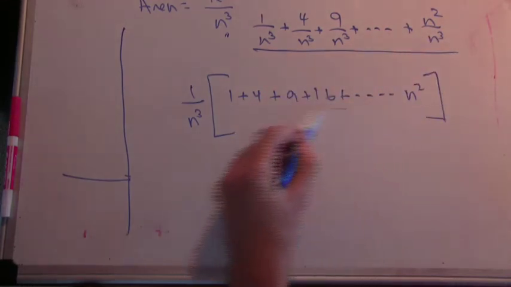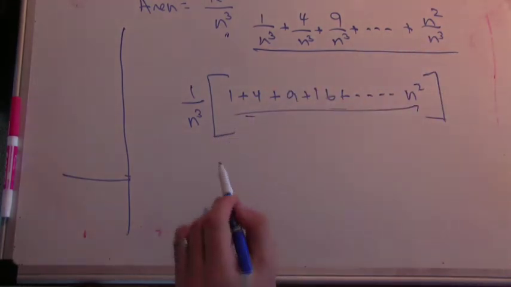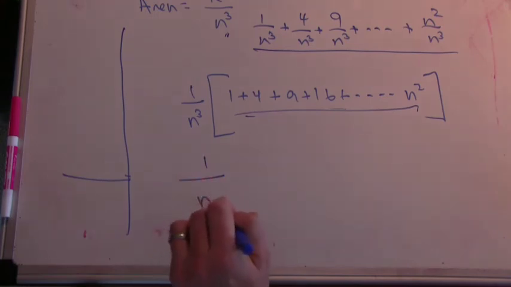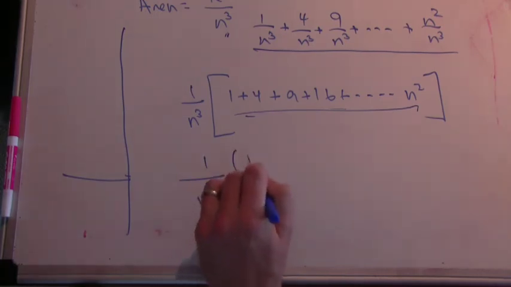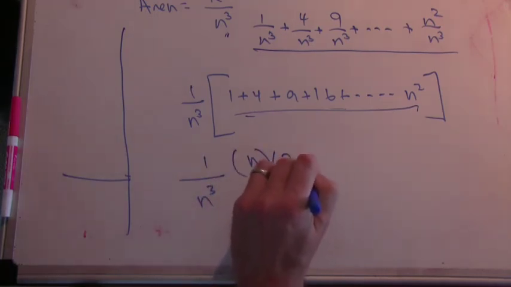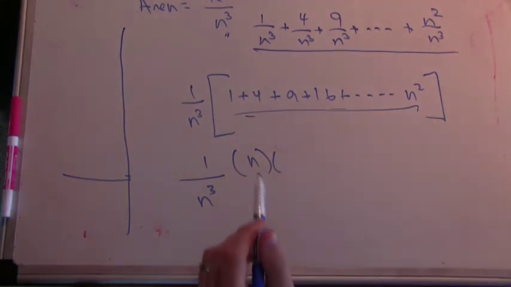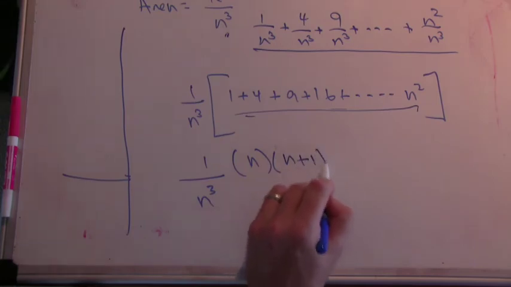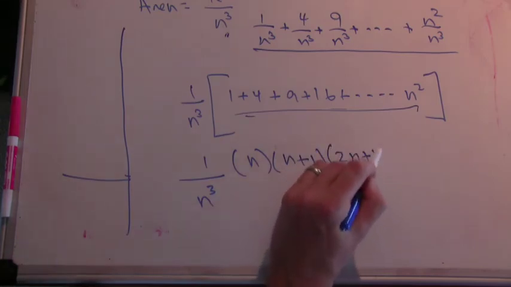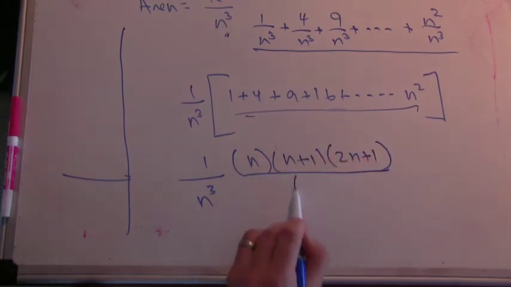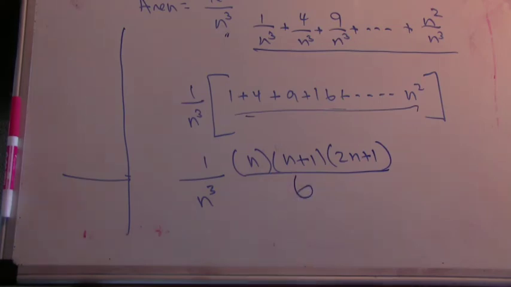And it turns out that there's a nice formula for this, and I'm just going to tell you what it is. It's n times n plus 1 times 2n plus 1, all over 6.